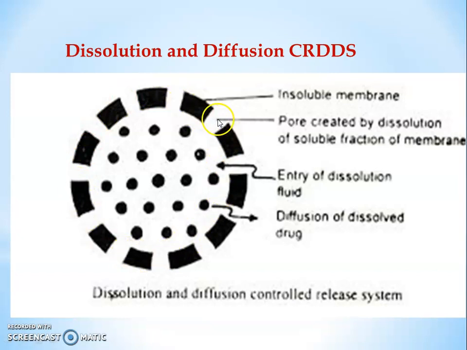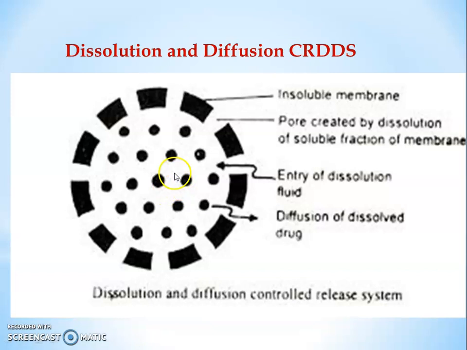This indicates the formation of pores by the dissolving of hydrophilic polymers, and the formation of the pores causes the entry of fluid inside the drug delivery device, and the drug gets dissolved.